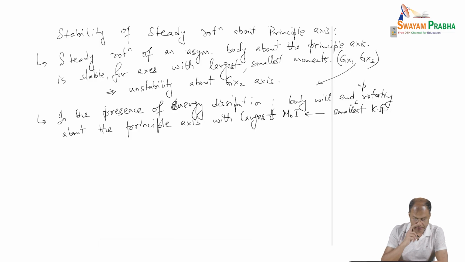Okay, so then what about the motion of the body about this principal axis? We need to say something along those lines as well. What we are trying to focus on now is the motion of the body.